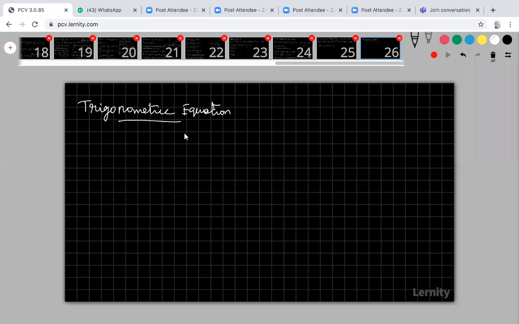Equations involving trigonometric functions of a variable are called trigonometric equations. Please note that equations involving trigonometric functions of a variable are called trigonometric equations.